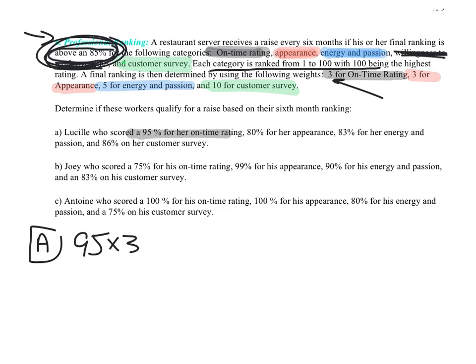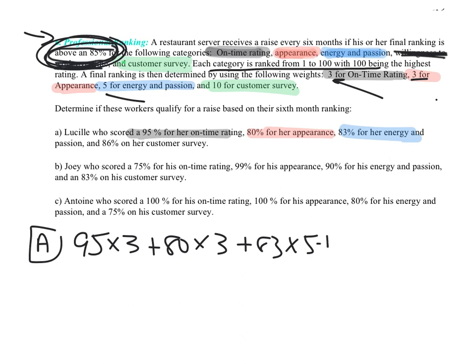It says for appearance, Lucille had an 80, so we're going to add 80 times the 3 for the weight of that category. It says for energy and passion, that's going to be 83, so we'll add 83, and that gets a rating of 5, so we'll multiply that by 5.